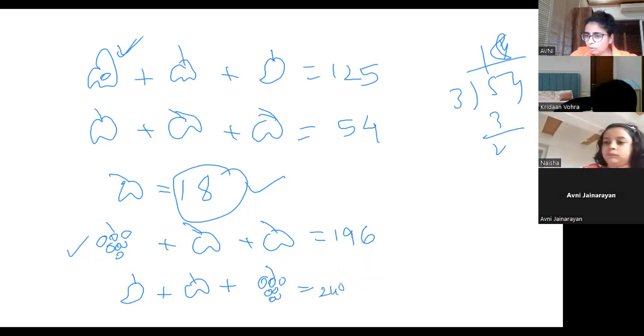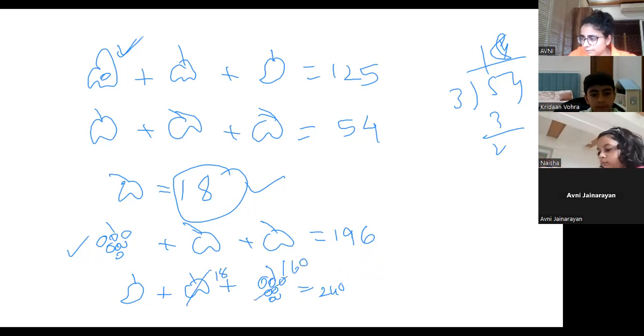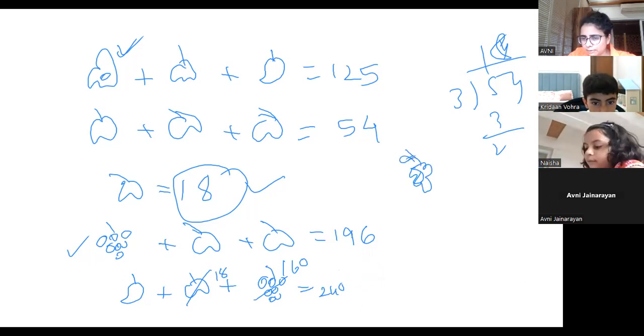Now, how are we going to do? We know the value of apple, 18. We know the value of the grapes, that's 160, right? Naisha, समझ में आ रहा है? This requires a lot of practice. So you should just solve a lot of such questions. So automatically आपसे हो जाएगा. So now tell me the value of mango.